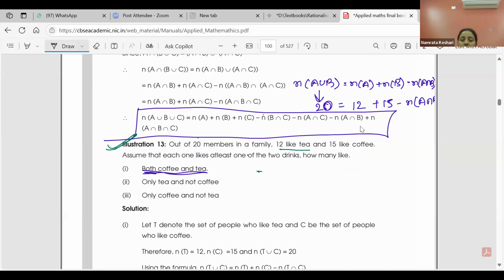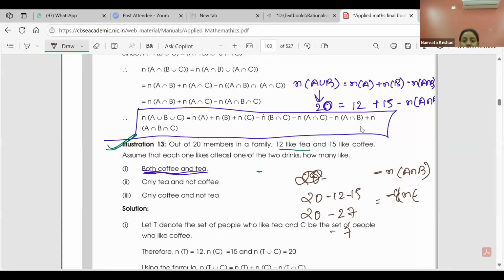The number of elements in A intersection B is 20 minus 12 minus 15, that is 20 minus 27, which is negative 7, so the magnitude is 7. So there are 7 people who like both. Getting it?